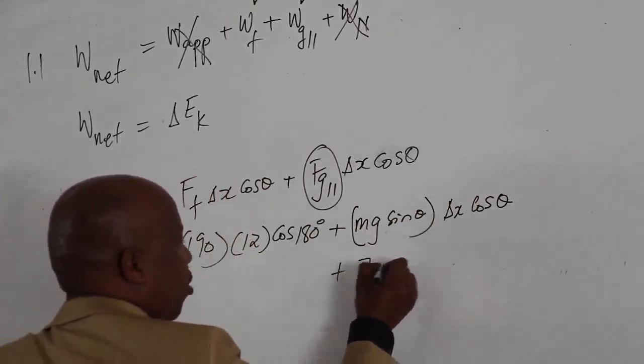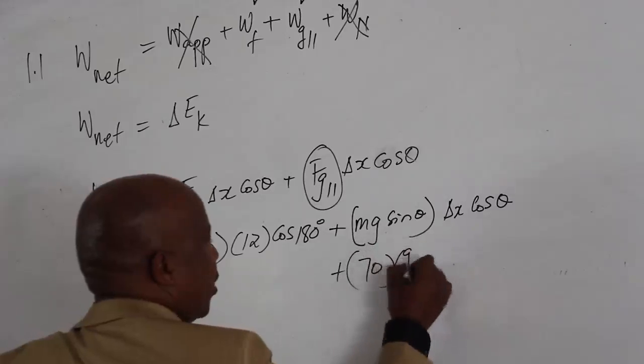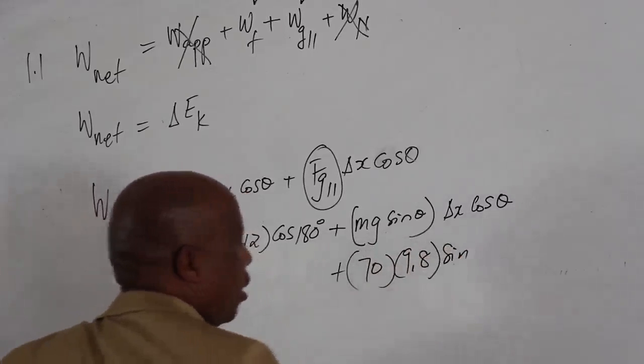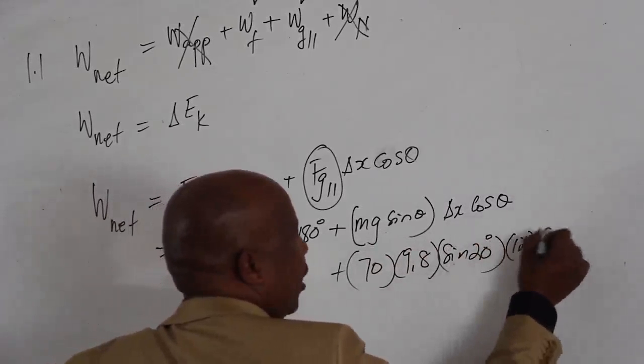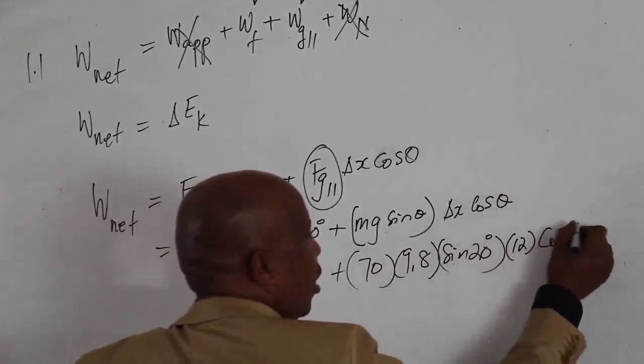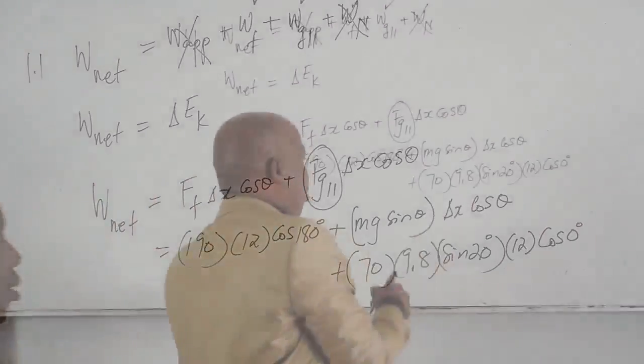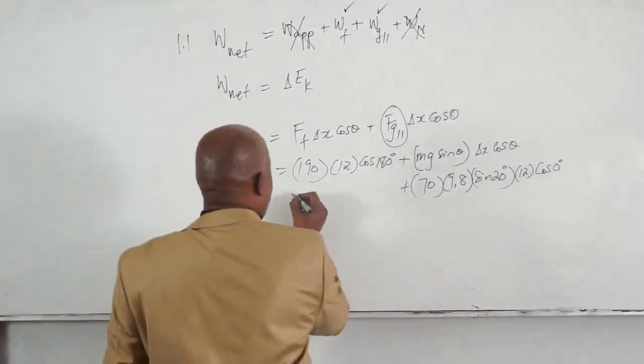The mass is 70 kilograms, the g is 9,8, sine 20 degrees, and then 12, and then cos 0 degrees, because it was going in the direction of the motion.